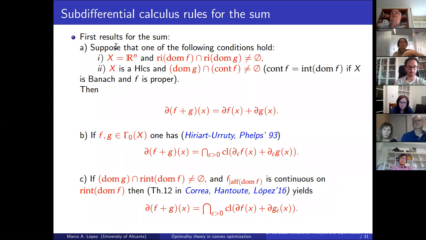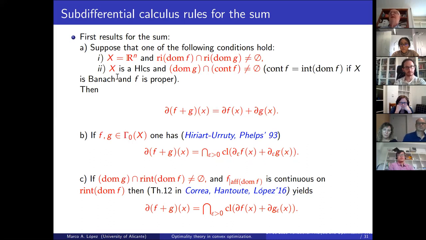We use some results which are very well known by the community. The first is the different versions of Moreau-Rockafellar: the possibility of expressing the subdifferential of the sum by means of the sum of the subdifferentials. In the first case, when X is a Euclidean space, it is enough to assume the overlapping of the relative interiors.